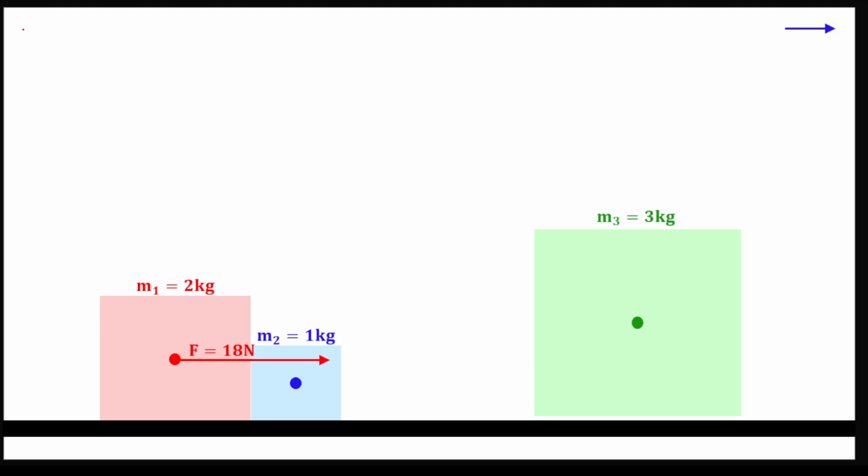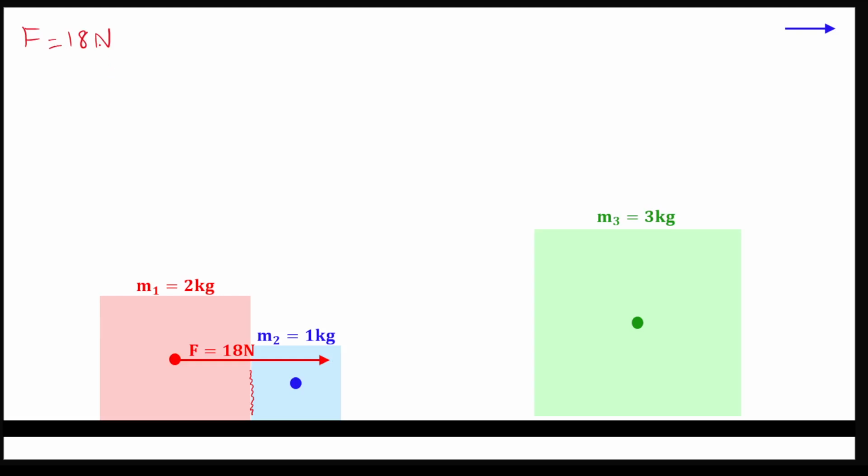Now let us consider the same force of 18 Newton acting on this red box. Say I am pushing that red box. It is already in contact with this blue one, and let's say that they are stuck together. Okay, now let us look at the situation once more.